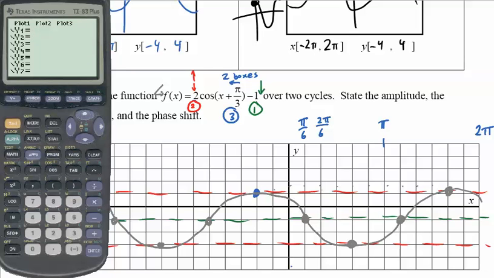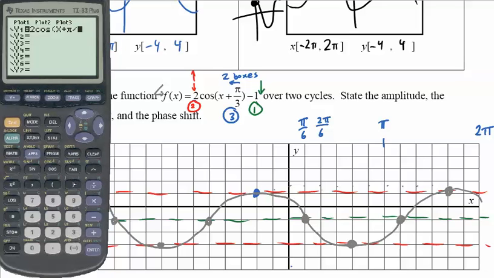So I'm graphing 2 cosine of x plus pi over 3, minus 1. And my window should be from -2 pi to 2 pi. Let me give my scale the same scale as I have on this graph here, pi over 6.